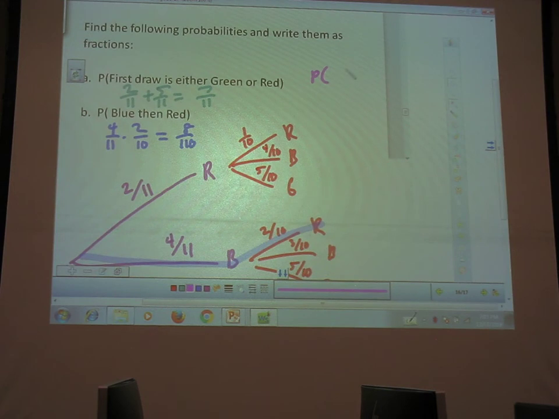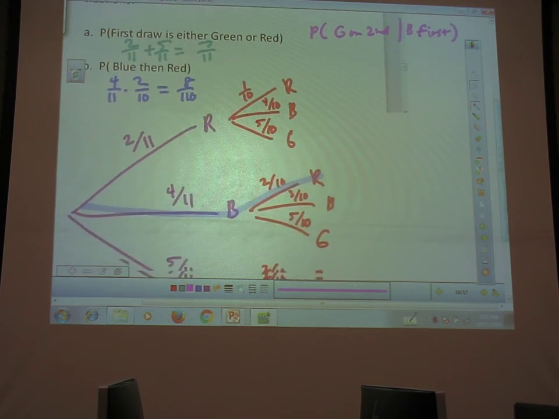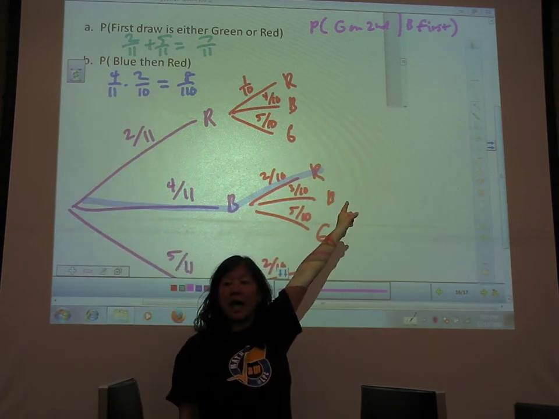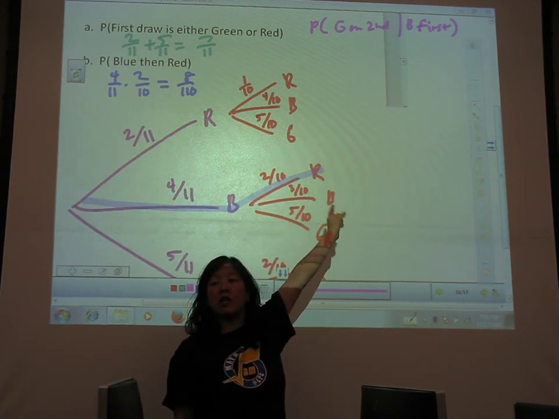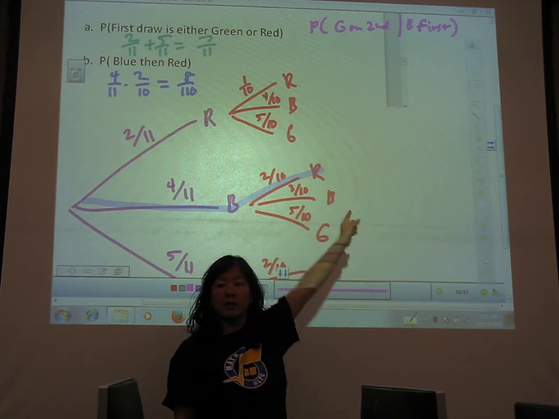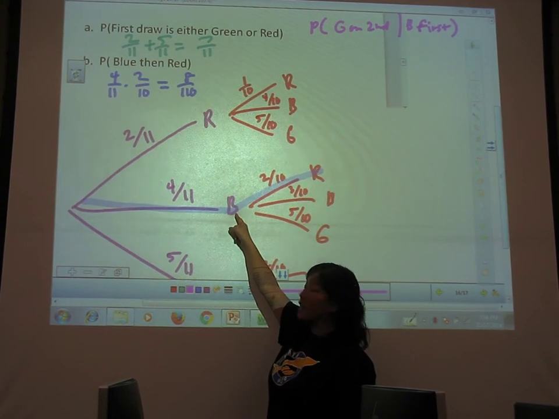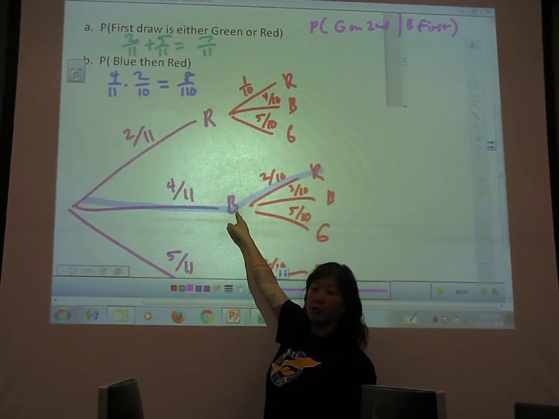That last one is going to be the probability that I have a green on second, given blue first. So this means, what's the probability I drew a blue one first? 100%. I'm given that. Given blue on first means 100% chance I drew a blue first.